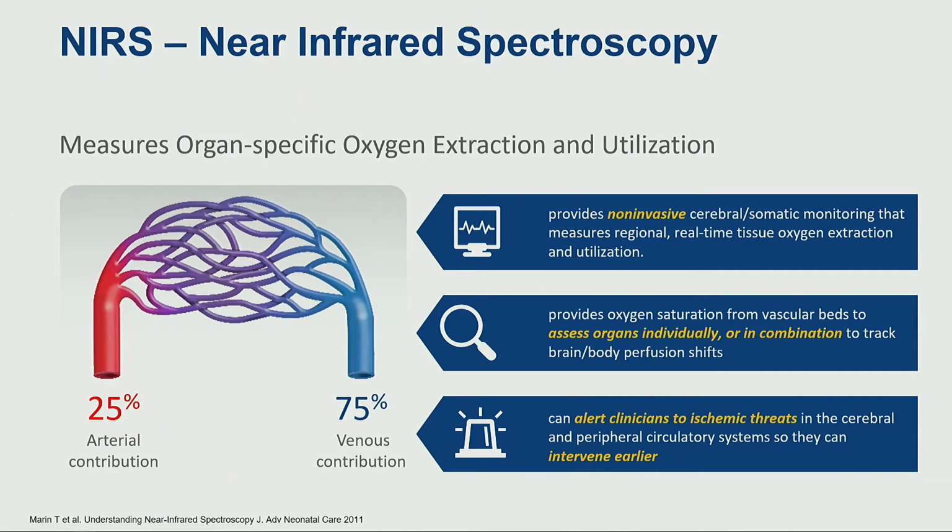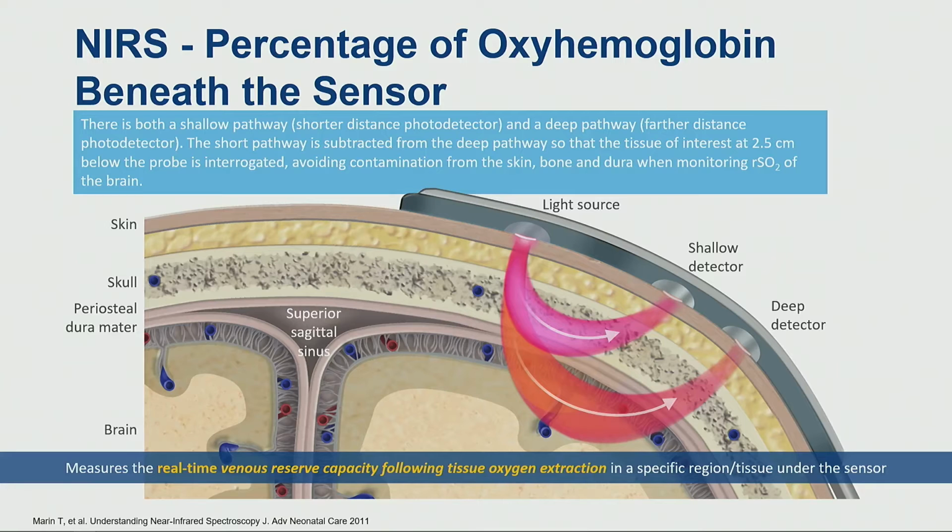We are looking at vascular beds, both at the cerebral level and the somatic level, and we're assessing organs individually to see this balance between arterial and venous oxygen delivery and extraction. And importantly, we're getting a real-time measure to alert you and me to an oxygen deficit that will allow earlier interventions and hopefully organ salvage.